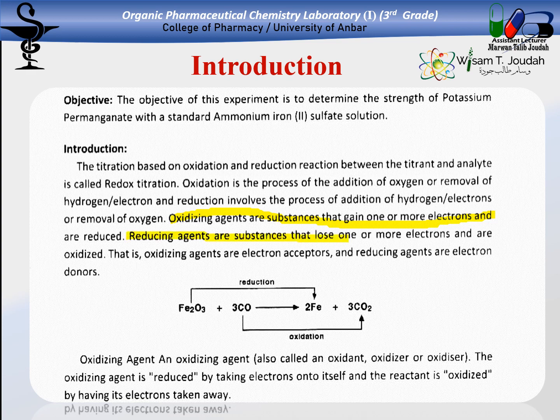Alright. The oxidizing agents are electron acceptors, and the reducing agents are electron donors.